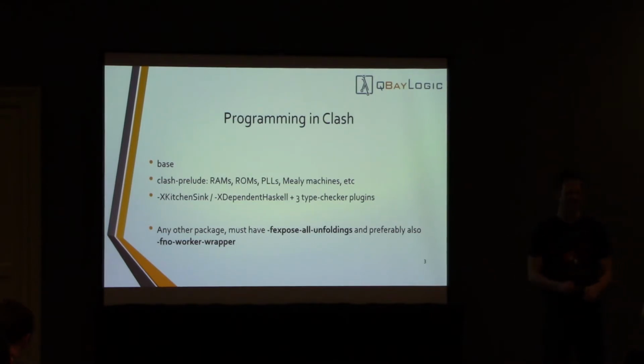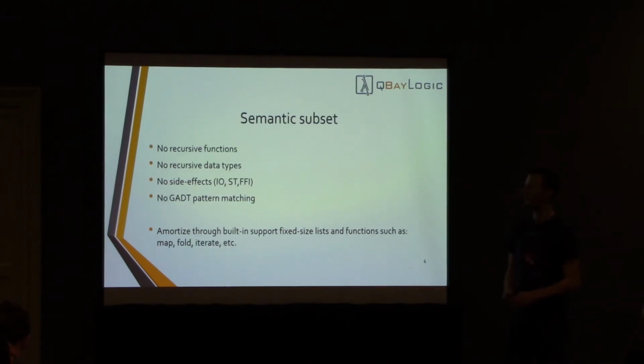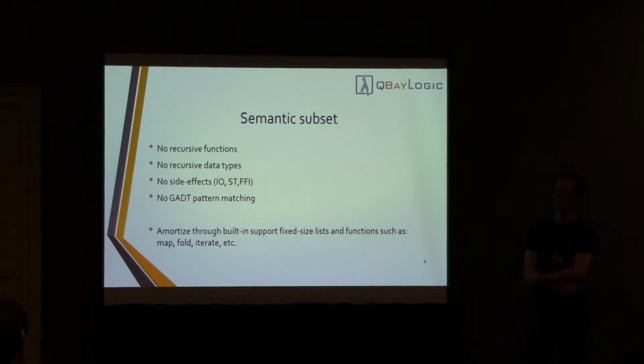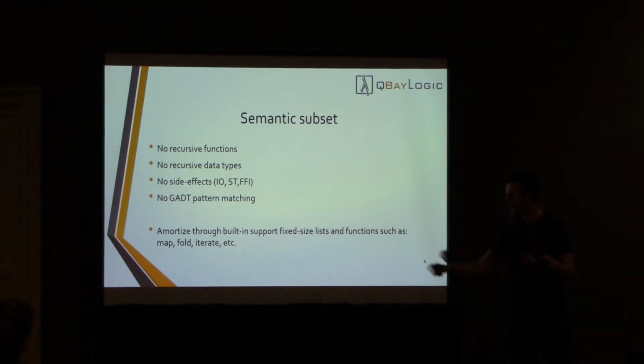So I said semantic subset. So you get all of Haskell except, oh wow, recursive types, recursive functions, no side effects, which is fine, and some semantic things, no GADT pattern matching. However, I said I focus on the practical things. You do get support for fixed size lists.